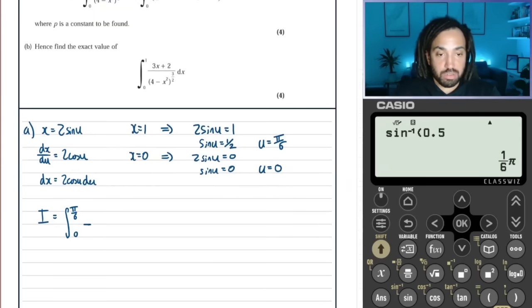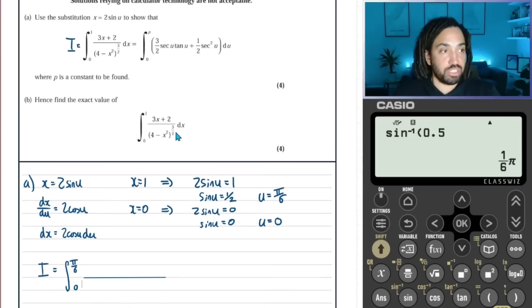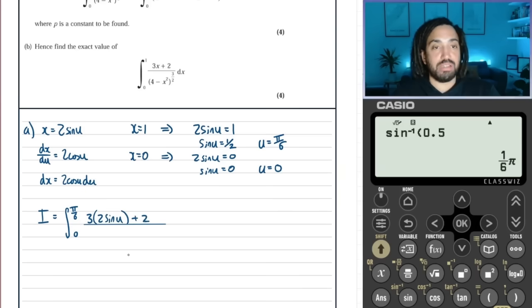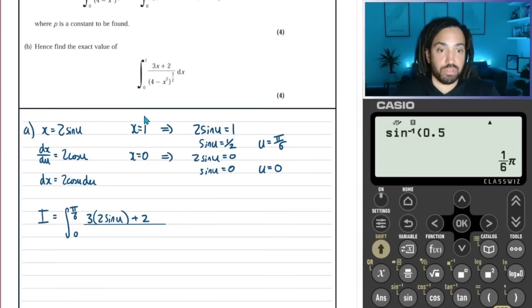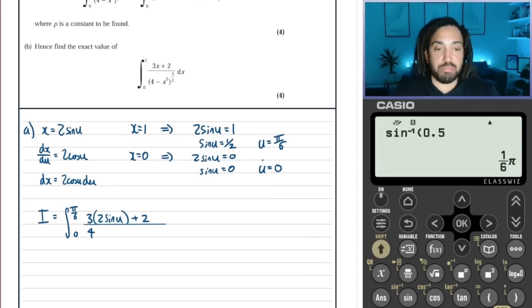And then on the numerator, we have, you can see up here, 3x plus 2. So that will be 3 lots of 2 sine u plus 2. And then on the denominator, we have 4 minus x squared to the power of 3 over 2. So we've got 4 and then minus x squared.